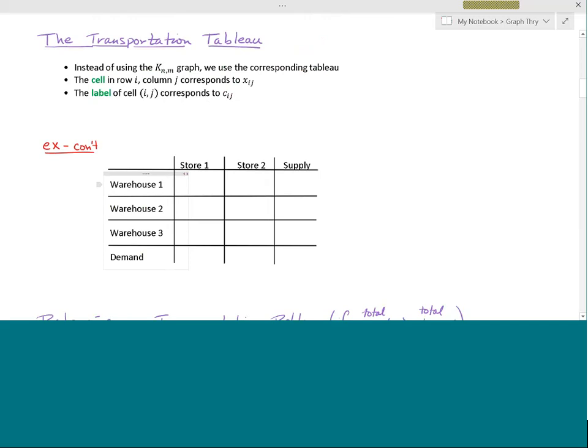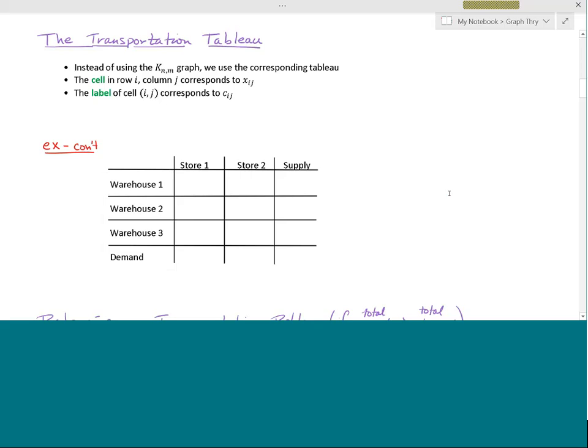Our warehouses are always over here on the very first column, so associated with each row, and then we list out all of our stores. Okay? So notice this cell right here corresponds to the edge that goes from warehouse 1 to store 1. This second cell right here corresponds to the edge going from warehouse 1 to store 2.